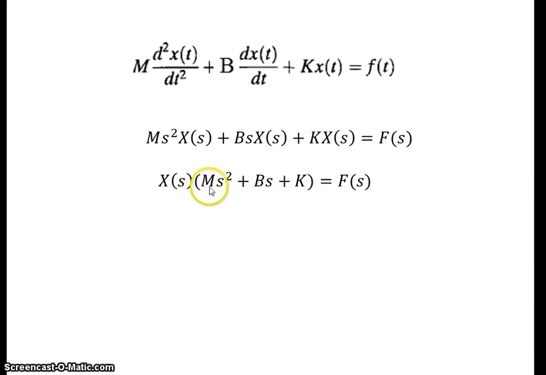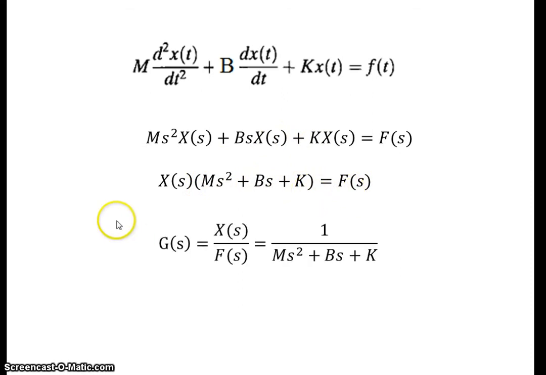Remember that all of these terms are the impedance of the mass, the impedance of the damper, and the impedance of the spring. And to determine the transfer function, which is g of s, and which is simply equal to the ratio of the output and the input in Laplace transform, then it will just be doing our algebra. We will have 1 all over the mass times s squared plus the damper constant times s plus k.